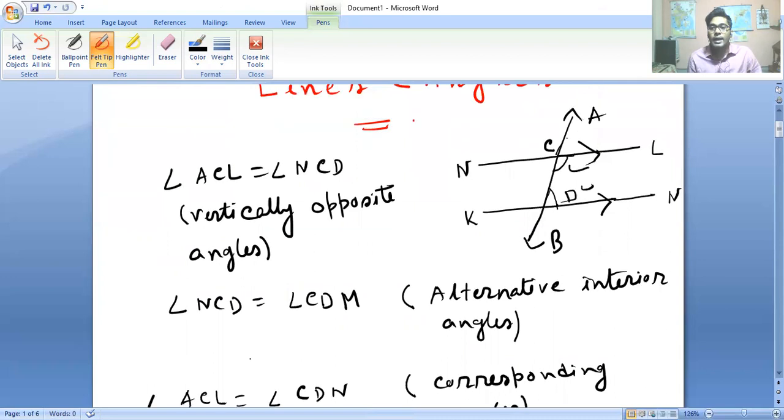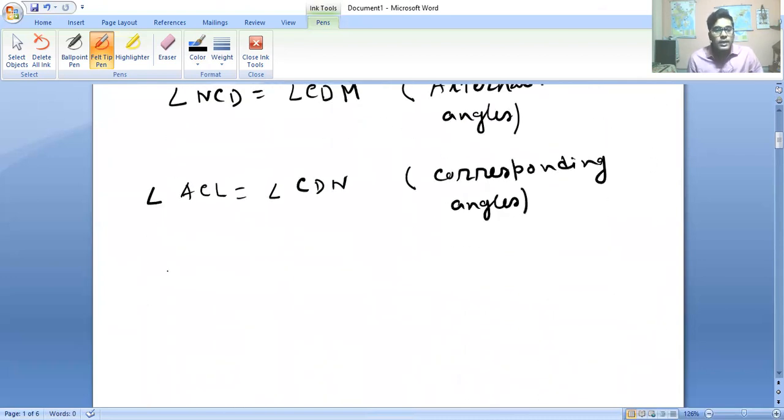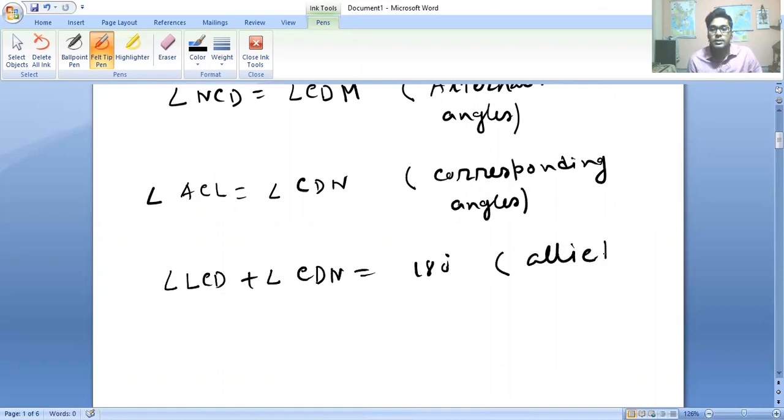So we write angle LCD plus angle CDN will be equal to 180 degrees, and they are what? Allied angles. So these are the few things that are needed in order to solve this exercise. So without delaying, let us solve the exercise.